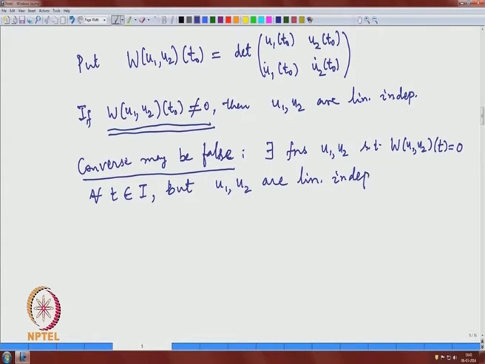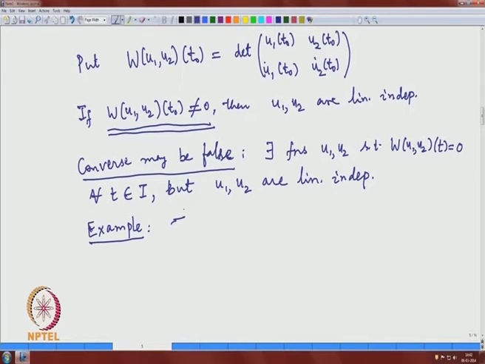Okay. So, this is a striking example. So, let me just mention that. So, example. You work out the details.